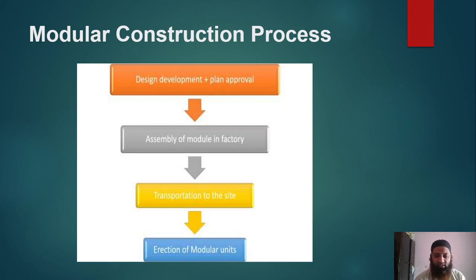Then the transportation to the site takes place, and then erection of modular units. It is very simple. First it is planned and designed, then it is made in the factories. From there it is transported to the required site, and there the modular units are erected one after the other.